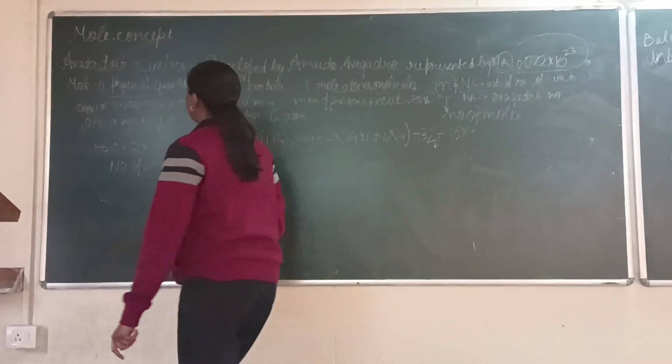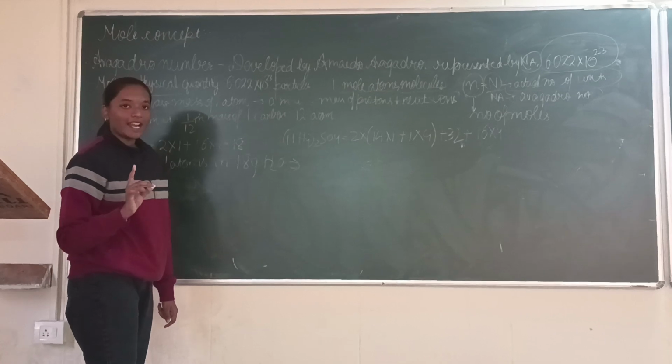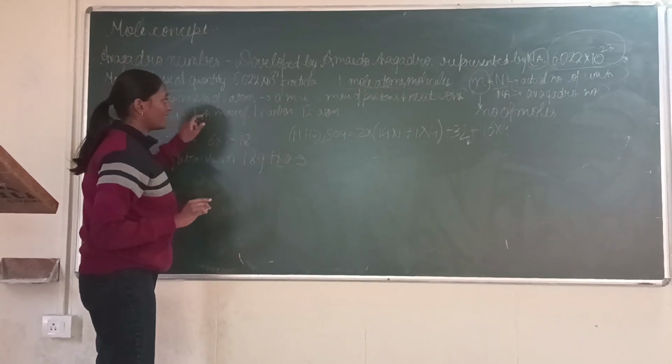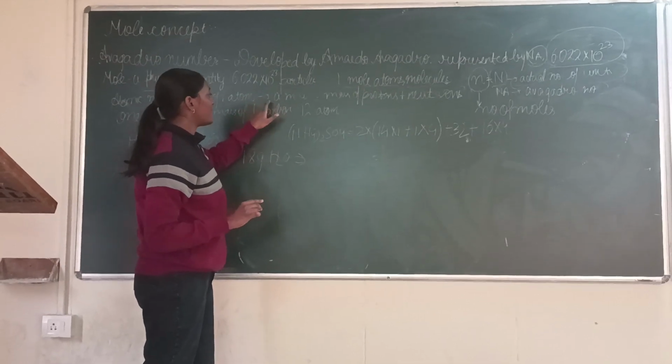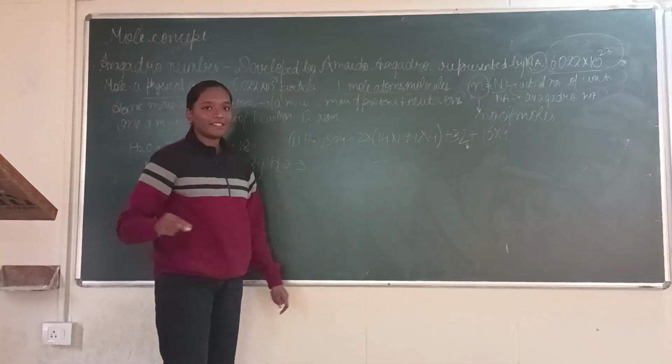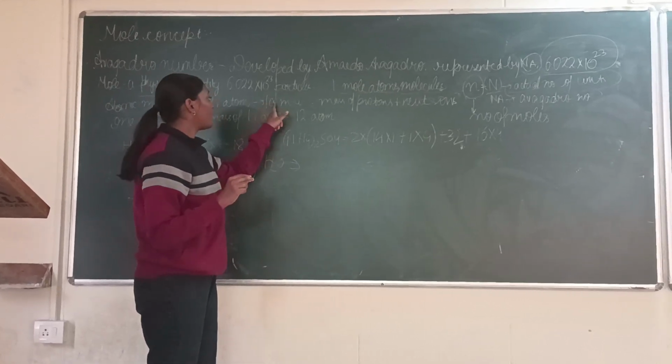For this concept, you also need to know about the atomic mass. Mass of one atom is known as atomic mass, and it is represented in AMU. For example, when we have to measure a distance, we measure it with the help of kilometer.